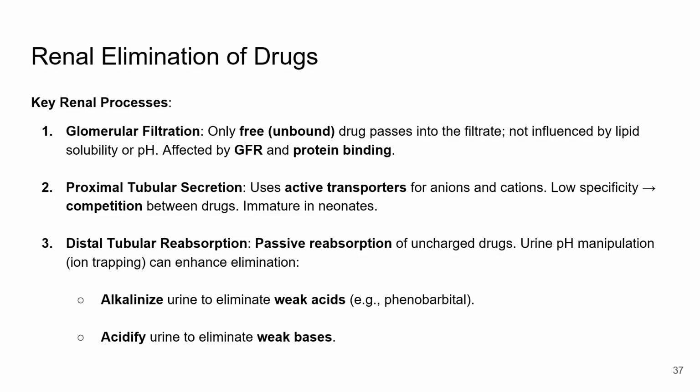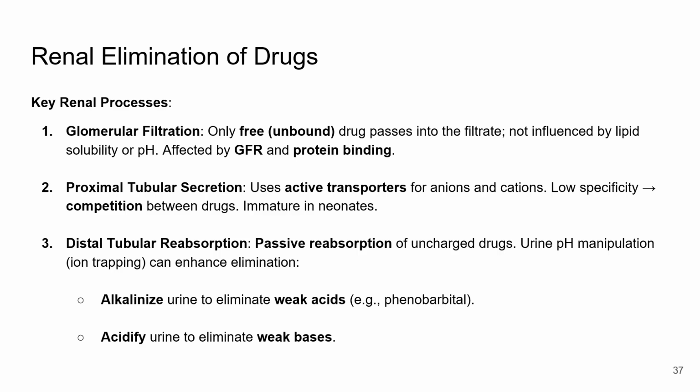Alkalinizing urine increases the elimination of weak acids, such as phenobarbital, because it decreases distal tubular resorption, or the reabsorption of the medication back into the bloodstream. And the same would happen for acidifying the urine, which is going to increase the elimination of weak bases.